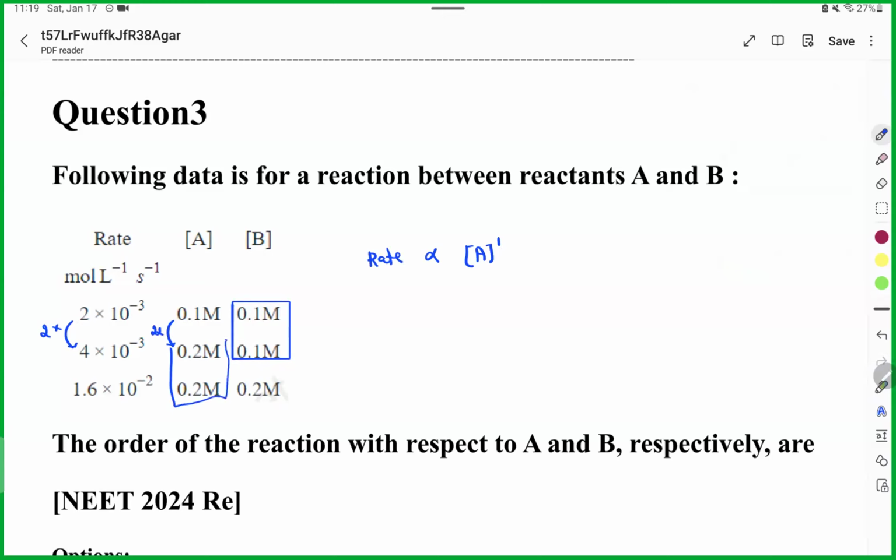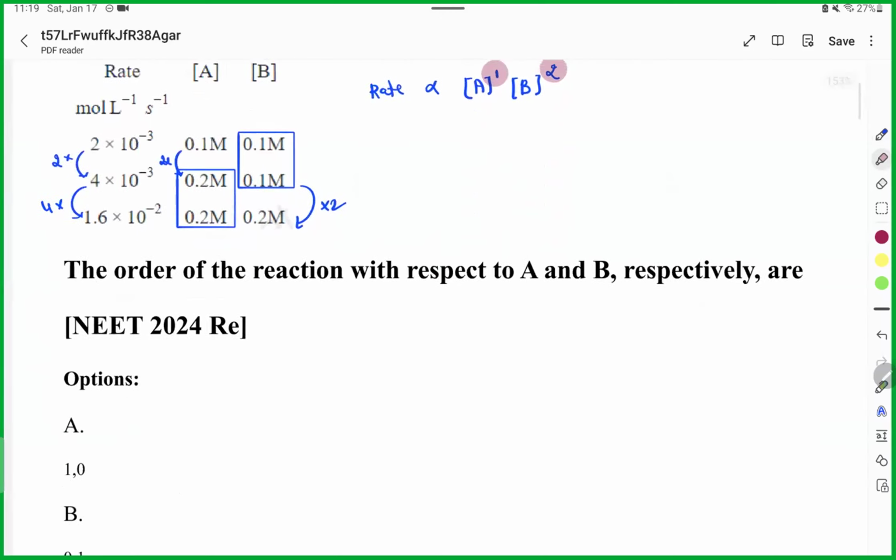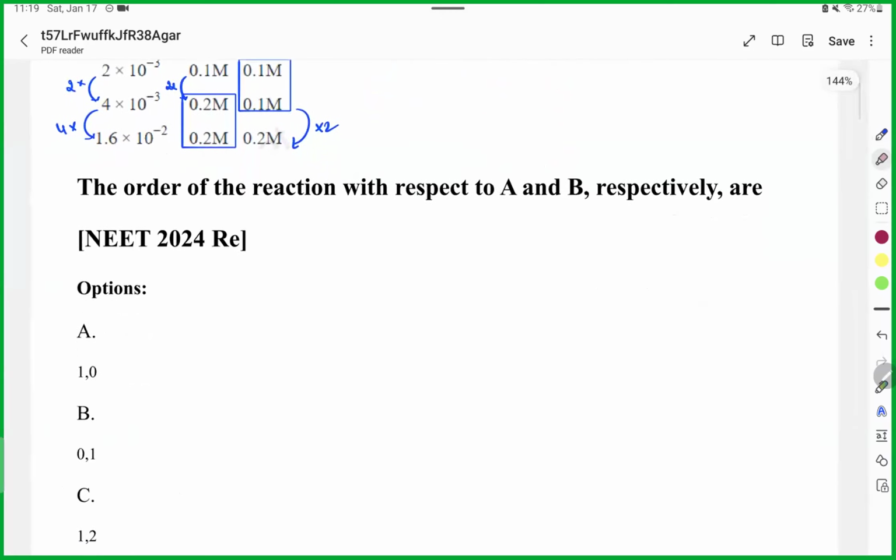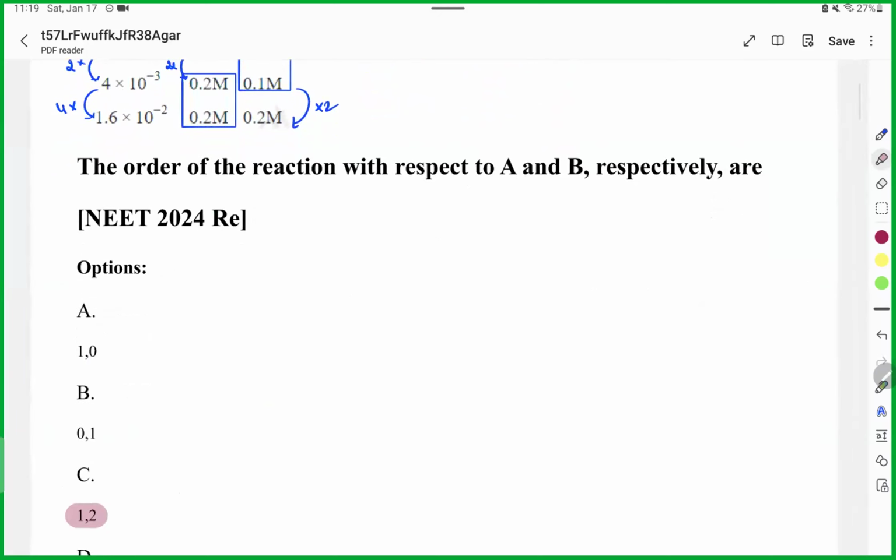And when A is the same and this is getting double, the rate becomes 4 times. So with respect to B, it will be raised to power 2. Any doubt, guys? Ask your doubt. So with respect to A, it is first order. With respect to B, it is second order. 1 and 2. Do you have options 1 and 2? Yes. Any doubt, guys?